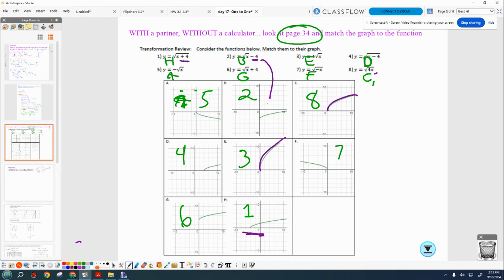Why 2? Well, the square root of 4 is 2. That -4 shifted the whole thing to the right, over here. This negative reflects it over the x-axis, which puts it here. Moves everybody up. Reflects over the x-axis, that's this guy.